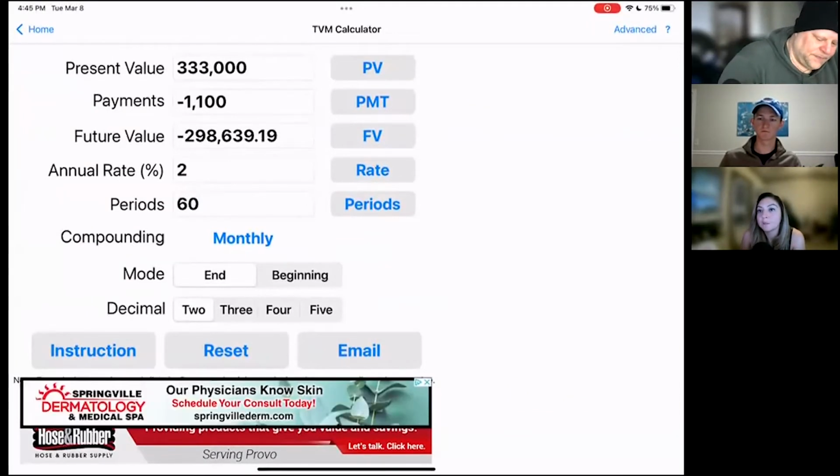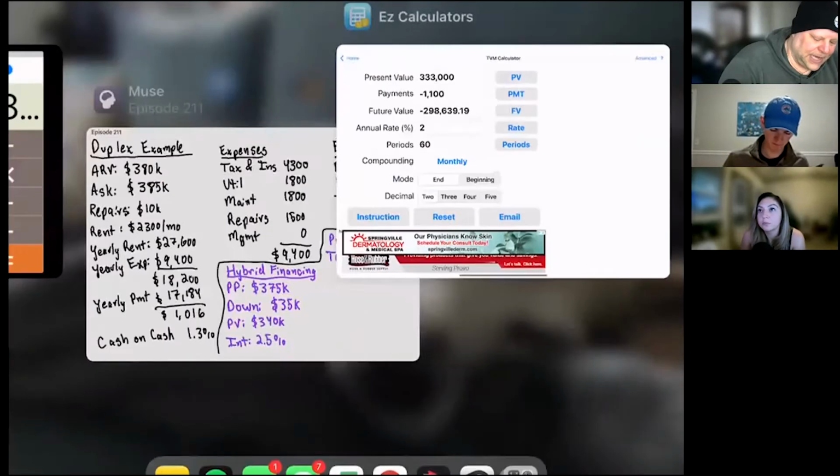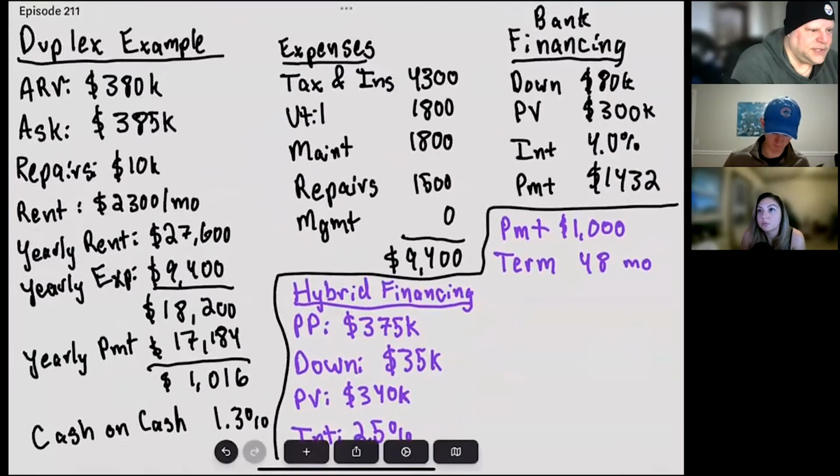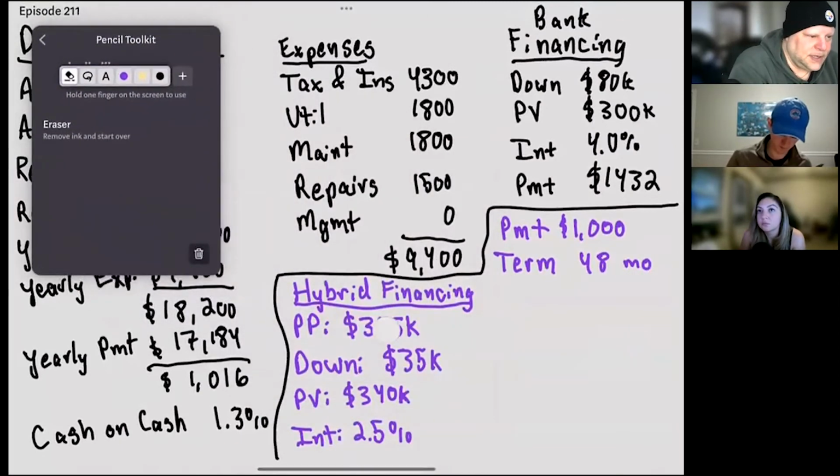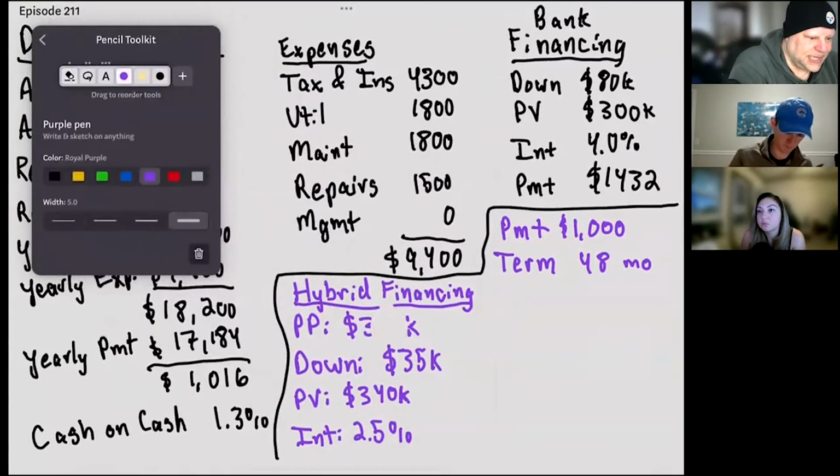So now, but let's say that we have an offer of, so initially we were at 375, right? So now we're at 368 because we're just going to reduce our offer by $7,000. So 368.